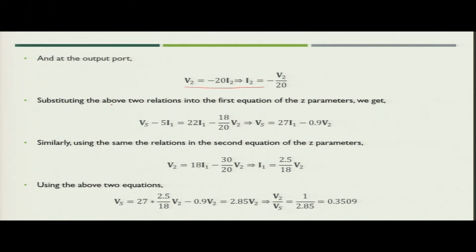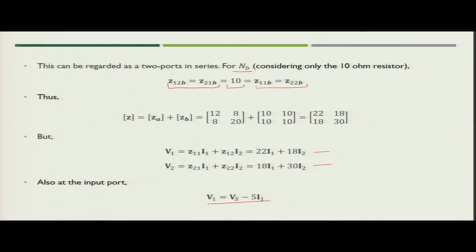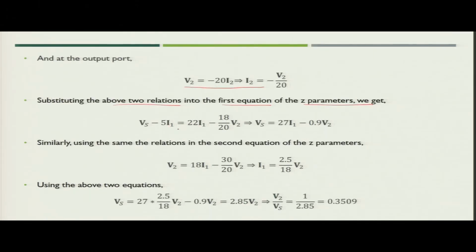Now, we substitute the above two relations into the Z parameter equations. In place of V1 we write Vs minus 5 I1, so Vs minus 5 I1 is equal to 22 I1 plus 18 I2, and we replace I2 with minus V2 by 20. So, we simply get Vs in terms of I1 and V2. Similarly, from the second equation, putting I2 equal to minus V2 by 20, we get the value of I1 in terms of V2, that is 2.5 by 18 V2.